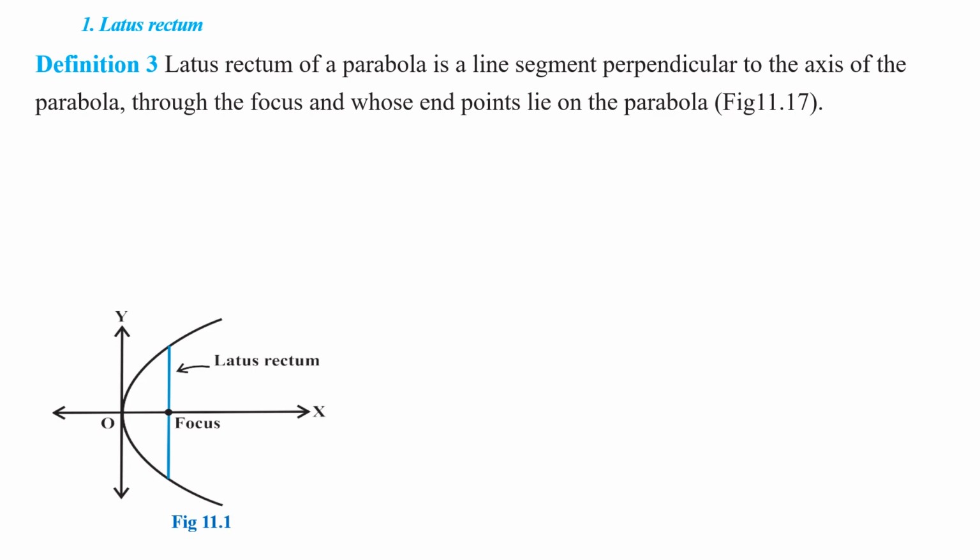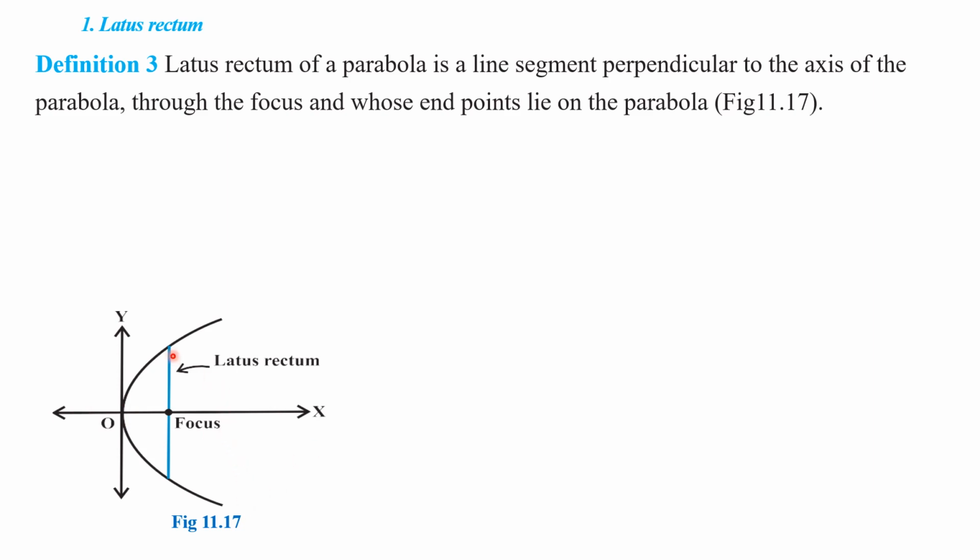Please observe figure 11.17. Here, this is a parabola in the standard position, meaning the vertex of the parabola is at the origin and the focus of the parabola lies on the x-axis. The axis of the parabola is the x-axis.